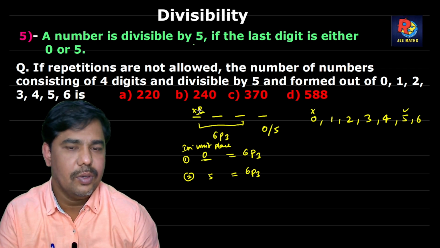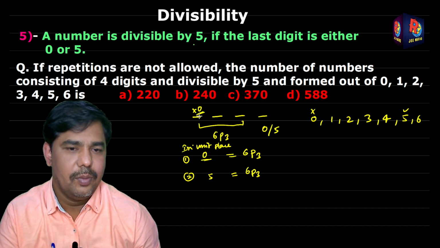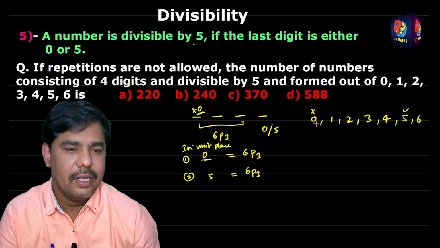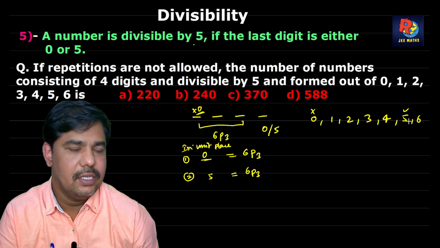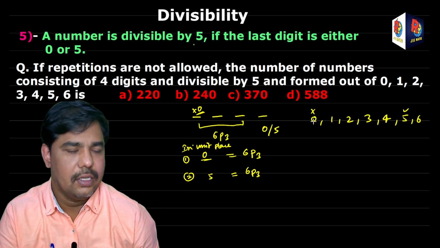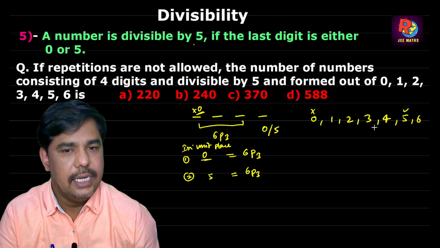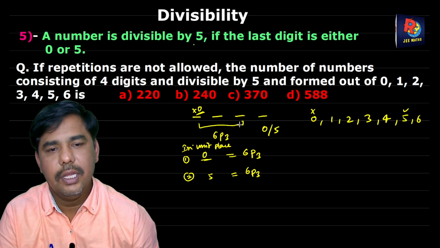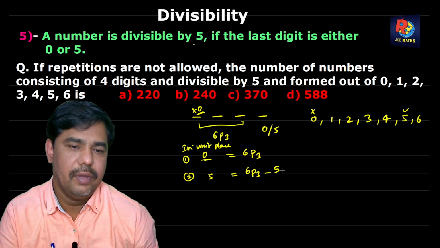So 0 we should not take there. Out of the 7 digits, 5 is already filled and 0 is not considered, so 5 digits remain. In these 5 digits, we need to fill only 2 places, so it will be 5P2.